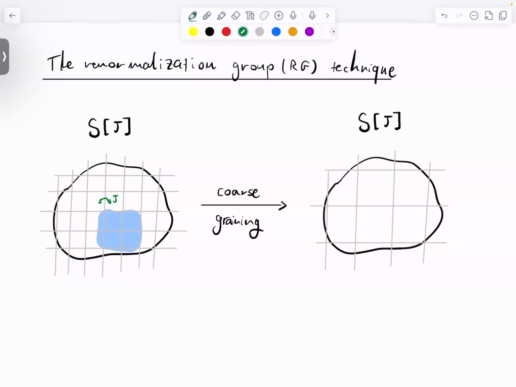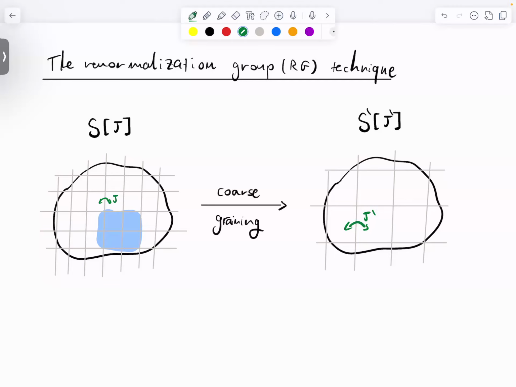And if you're capable of, after clumping, rewriting the theory effectively, such that these larger clumps now have some coupling, which I will denote by J prime, okay? And in this procedure, you come back to the original structure of the theory, just coarse grained. Then you could imagine performing this iteratively or successively again and again until you reach the system size.